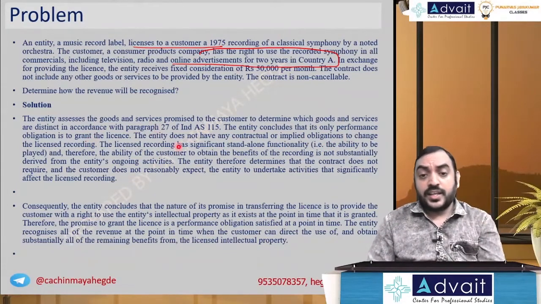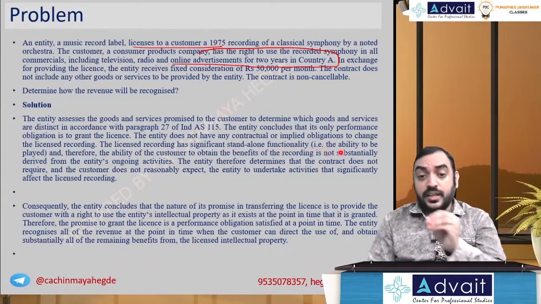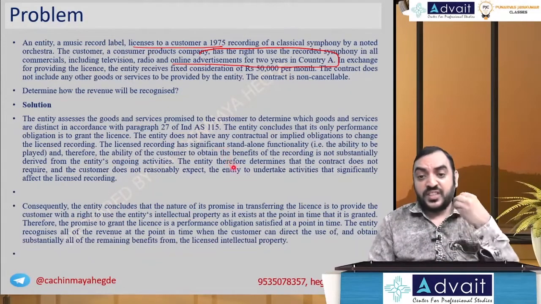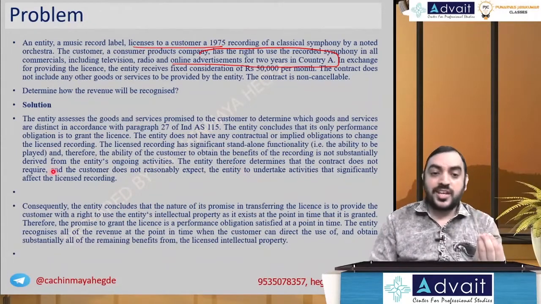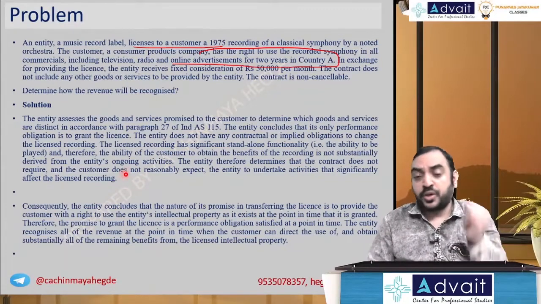The license recording has significant standalone functionality, that is, the ability to be played, and therefore the ability of the customer to obtain the benefits of the recording is not substantially derived from the entity's ongoing activities. No continuous support required.